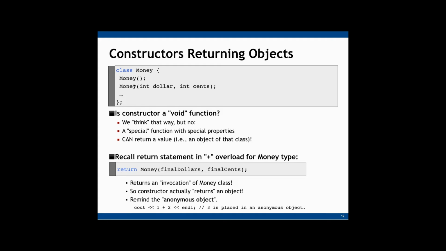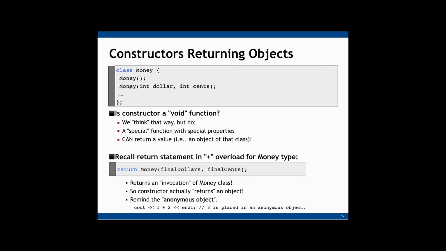So unlike function declarations and definitions, constructors do not have return types. You might think that the constructor is a void function that does not return any value because there is no return type here. But in fact, it returns an object of that class, even though we do not specify the return type.